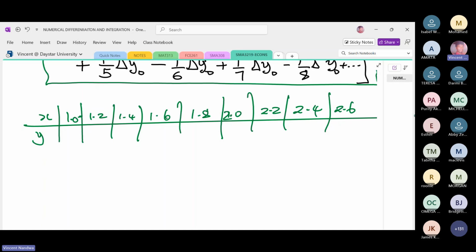Let me say, for example, this is 9, 10, 11.3, 12.1, 16.5. These are just arbitrary numbers. They may not represent any meaningful function, but I'm just writing this one to demonstrate something.